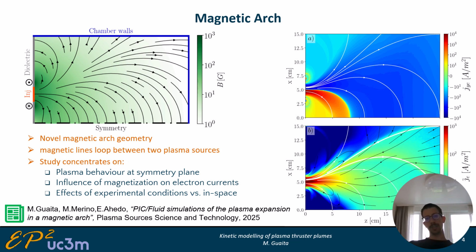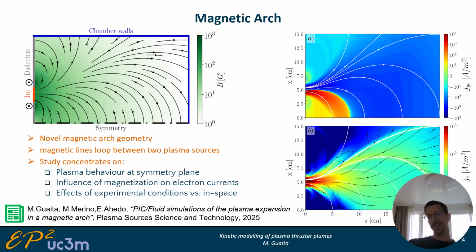The magnetic arch is a novel magnetic topology proposed in the case of 2 electrodeless plasma thrusters. So here in the domain sketch on the top left, you have half of the domain because the domain is symmetric, and the red surface is the injection surface representing one thruster.